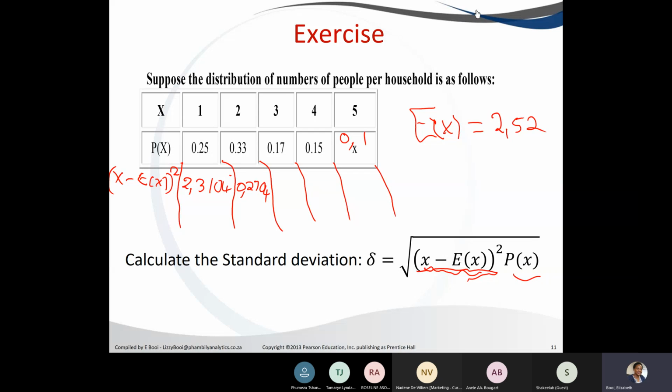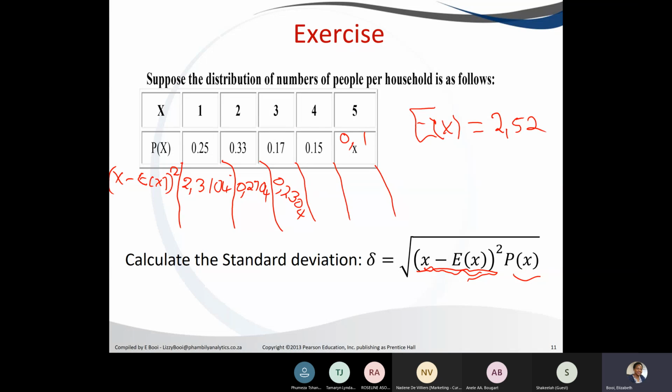Okay, let's see if we can get the answers. You must let me know if I am having the answers wrong as well, because I'm doing them in a hurry and you must be my sounding board. So for 3 minus 2.52 squared, you will get 0.2304.